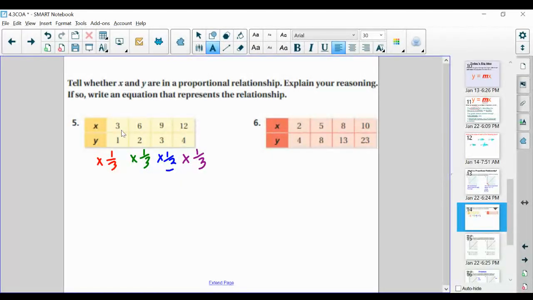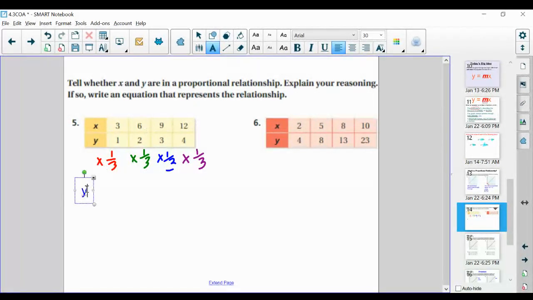X started as 3 and we multiplied by 1/3, which means that if our slope was 1 over 3, and if it was 1 over 3 times x, 1/3 of 3 gives us 1, which is where we get our y. 1/3 of 6 gives us 2.